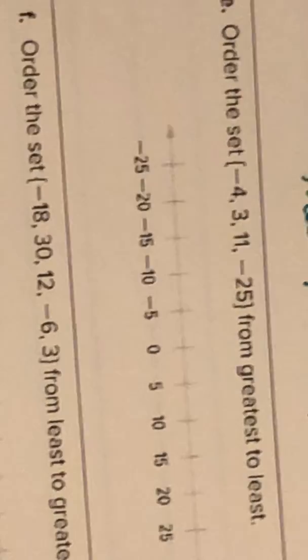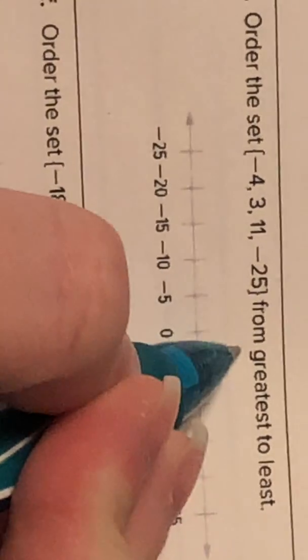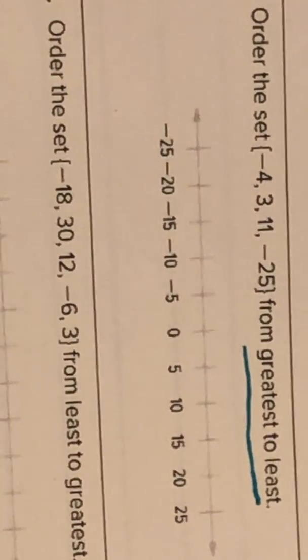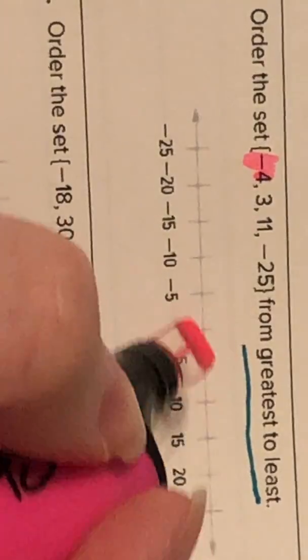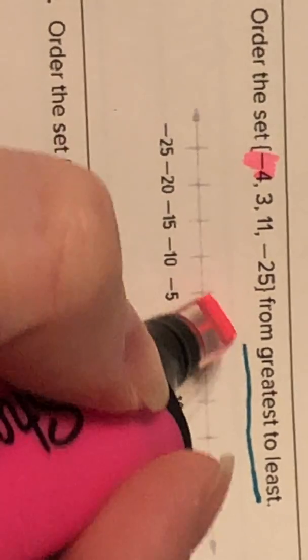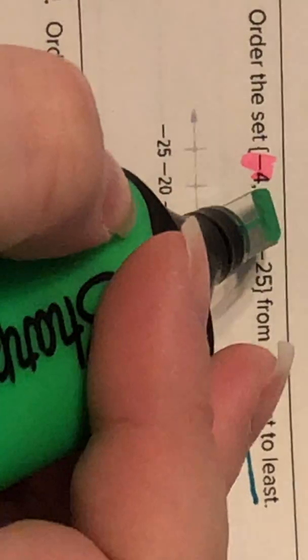Okay. Letter E says order the set negative 4, 3, 11, negative 25 from greatest to least. So first thing I want to look at, greatest to least. So that's the order I have to put them in. So there's negative 4. There's negative 4 on the number line. 3.